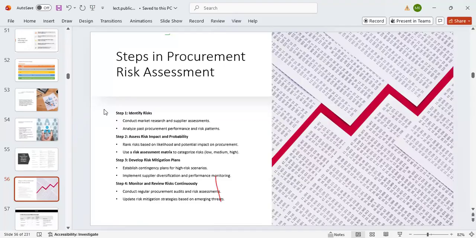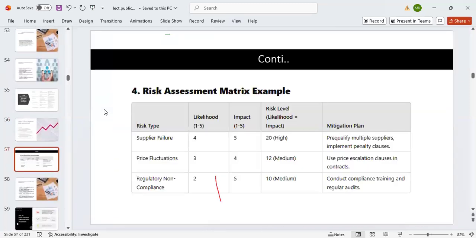Okay. So these are the various steps that you can take to do a proper risk assessment. Risk assessment metrics can be done, for instance, based on the severity of the risk.